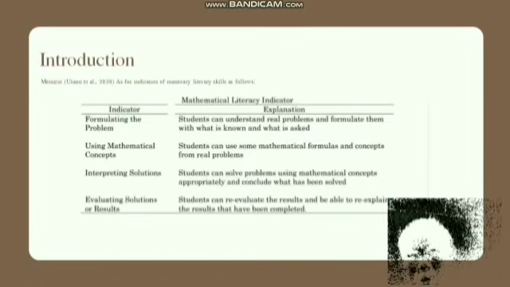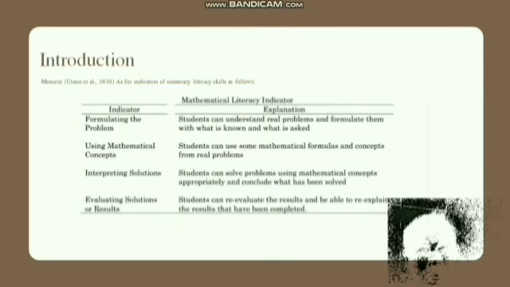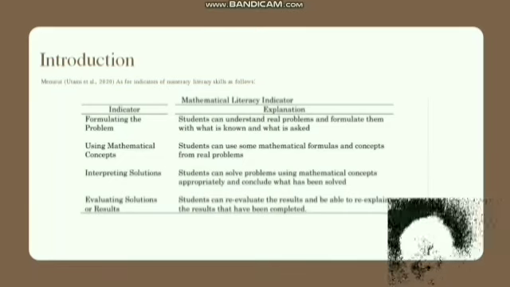As for the indicators of numeracy literacy skill: the indicator of formulating the problem explains that students can understand the problem and formulate what is known and what is asked.